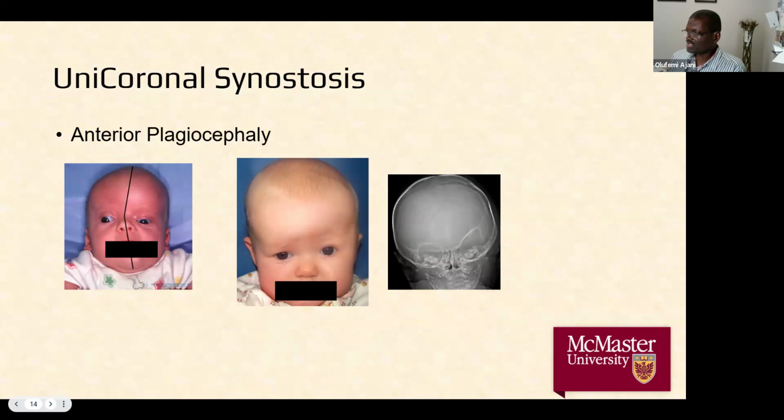Unicoronal synostosis is another fairly common type of synostosis in which one of the coronal sutures is prematurely fused. And you can see a ridge on this prematurely fused coronal suture, and you can see that the forehead here is recessed. There are other changes that do occur in the eyes.